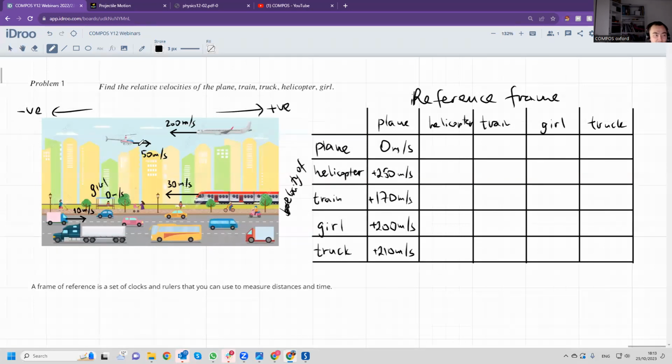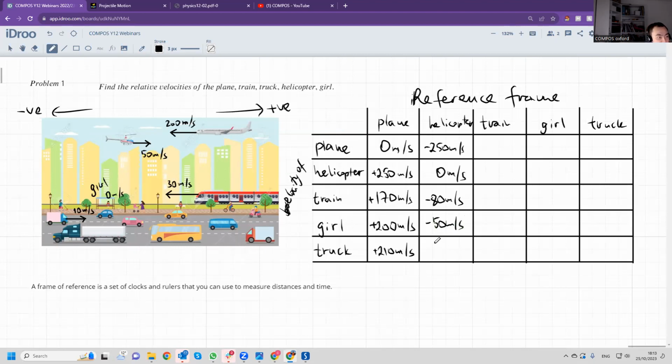If you're in the helicopter, the plane is moving to the left, so it's minus 250 meters per second. The helicopter is not moving because you're in the helicopter. The train is moving at minus 80 meters per second. The girl is moving at minus 50 meters per second.